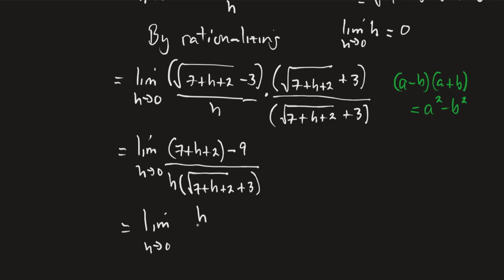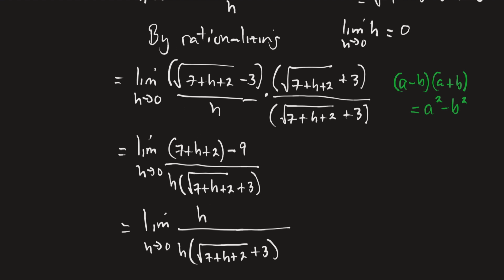And so I have h in the numerator and then a factor of h in the denominator. And that's what you always want to see in this process. You want to see a factor that's common in the numerator and in the denominator. So now we can reduce the fraction.